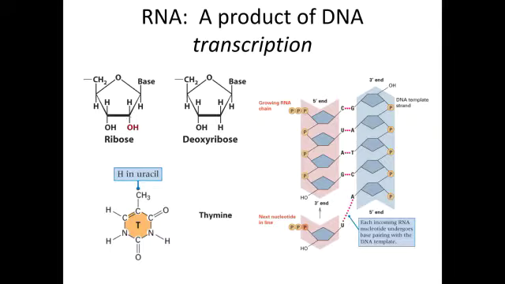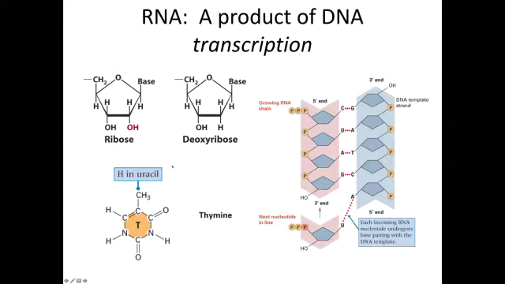Another critical difference between RNA and DNA is that in DNA, the base is thymine, shown right here, but in RNA, the methyl group on the thymine base is replaced with just a hydrogen, and therefore in RNA that base becomes a uracil.